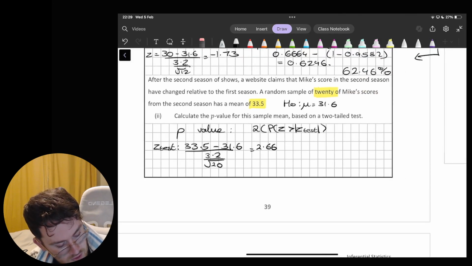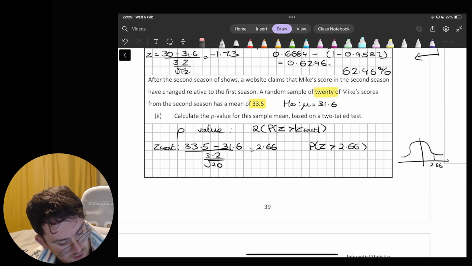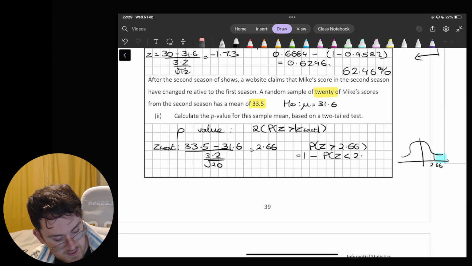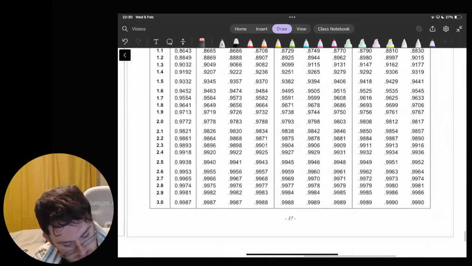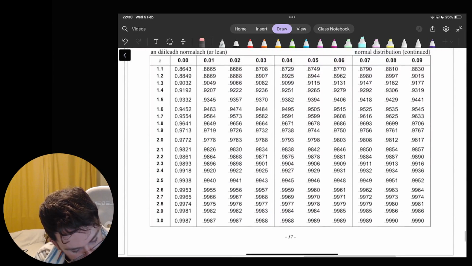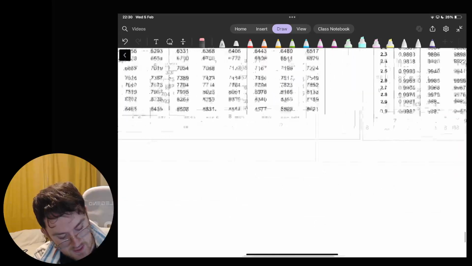So the probability that Z is greater than 2.66. Considering what that would look like, 2.66 is going to be up here. I'm looking for above this, which we can see from the diagram is 1 minus the probability that Z is less than 2.66. Looking for 2.66 here, it is this one, 0.9961.